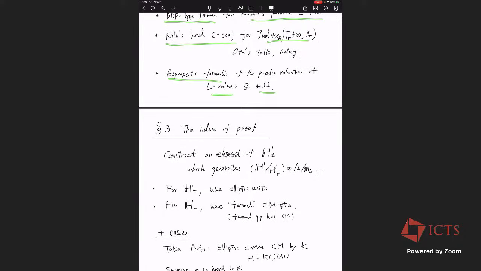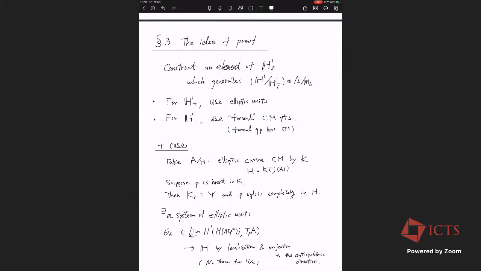Now I explain the idea of the proof. The idea is to construct an element of H^1 plus/minus which generates H^1 over H^1 minus plus. We need some algebra, but essentially something like Nakayama's lemma: if we have a good generator of this module, then we can prove Rubin's conjecture.